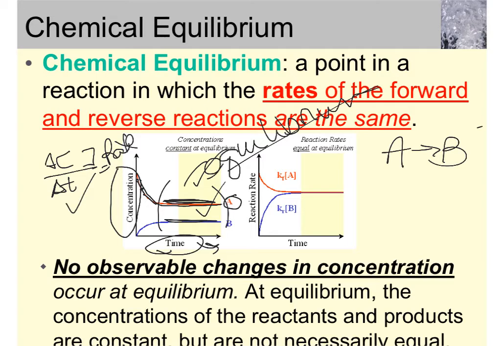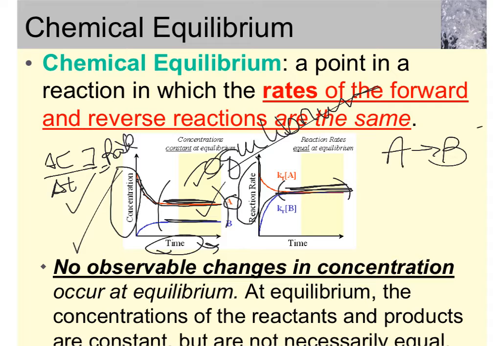So anyway, that's one graph, and the other type of graph is simply looking, instead of the change in concentration over time, at the rate with time, okay? And so remember what the definition of equilibrium is. It's when the rate of the forward reaction equals the rate of the reverse reaction.